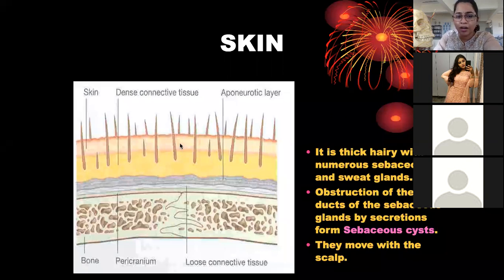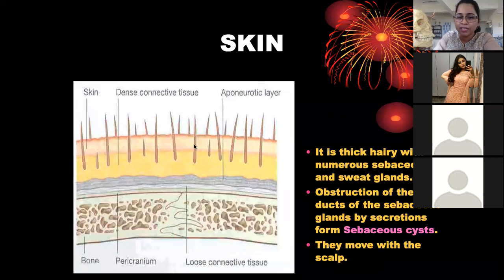Do they have place to enlarge nicely? No, they cannot. For example, if you have a sebaceous gland infection here, it cannot spread because the skin is very thick, and because of that the cysts are very small. What is a cyst? An infectious fluid-filled sac is called a cyst.